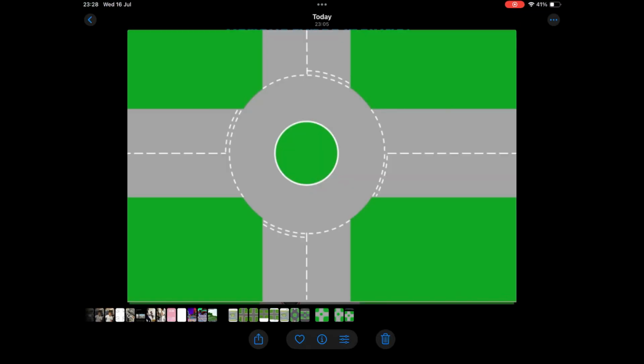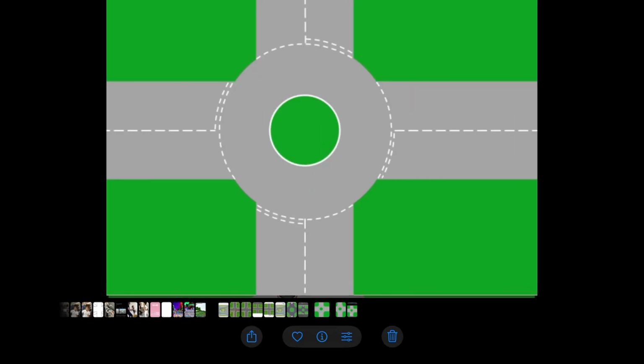Let's talk about this roundabout. Again, it's just a plain roundabout. There's no lane marking, nothing, because we are not talking about the lanes. We are just focusing on our signaling. If you approach any roundabout, you always come from 6 o'clock.